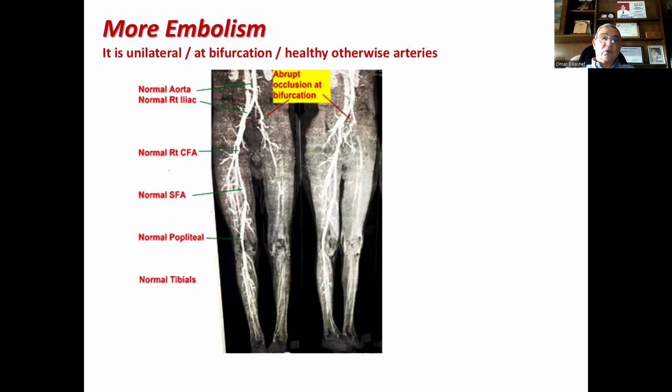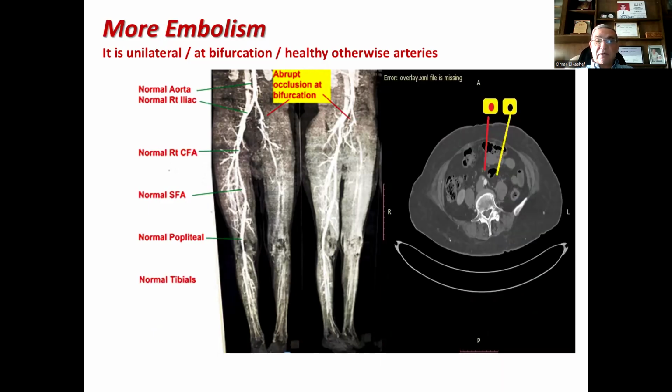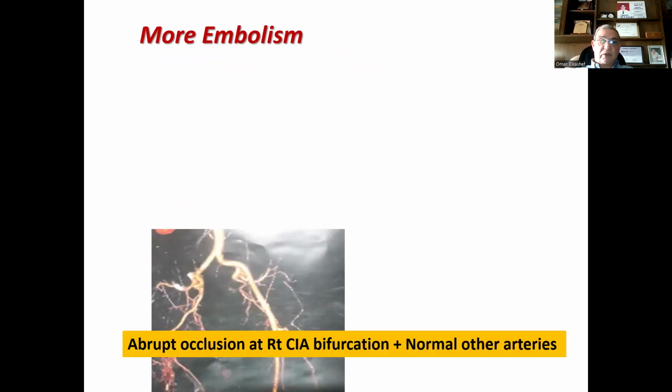Here also normal aorta, normal right iliac artery, normal right common femoral, right SFA, right popliteal, and normal tibials, while there is occlusion in the left external iliac at the bifurcation of the common femoral, an abrupt occlusion at the bifurcation, and in the axial cut, there is complete occlusion of the iliac artery.